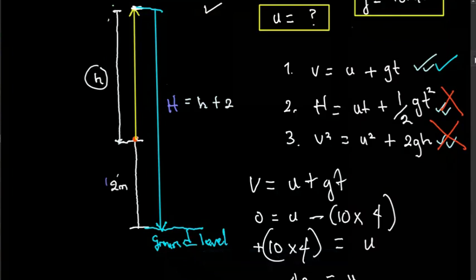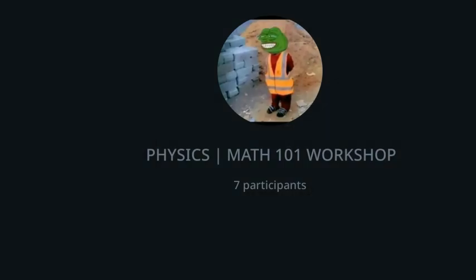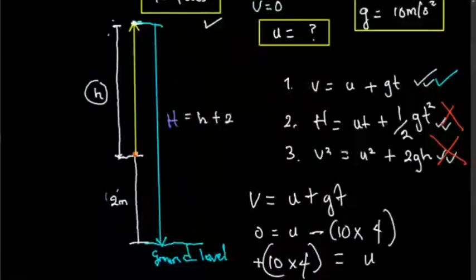Okay, so now they're asking us what is the total distance covered by the bullet. Let's look at that. The bullet first left this point here. Let me use a bright color. The bullet first left this point you are seeing here.